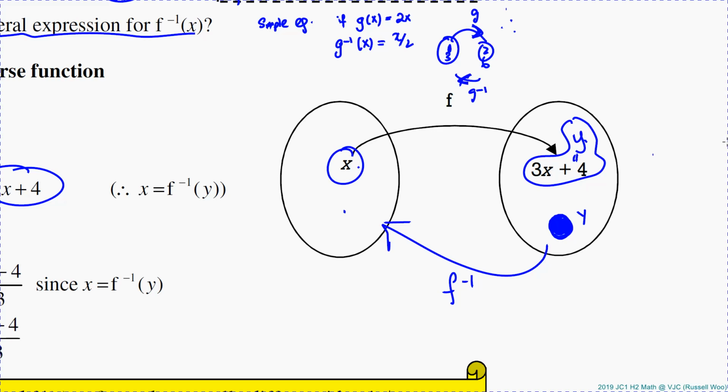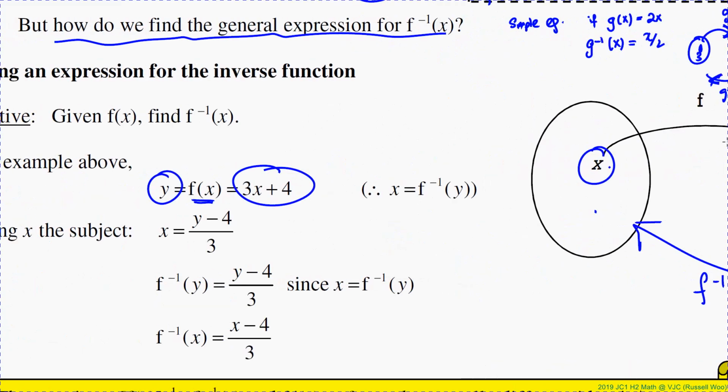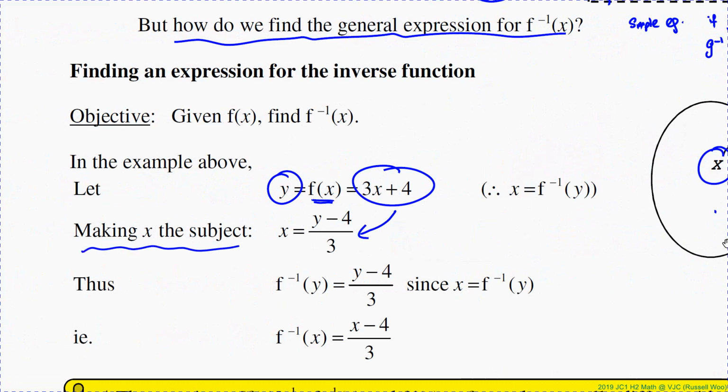I just make x the subject of the formula, and then I have devised the rule. The rule is therefore I put in y, I minus 4 divided by 3. The rule this way is times 3 plus 4, and the rule the other way must be minus 4 divided by 3.